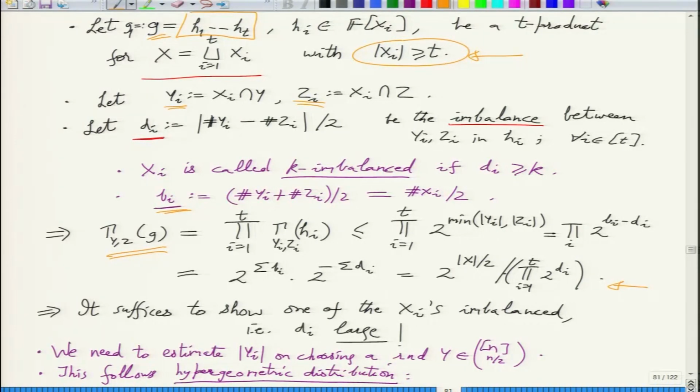So we will now show that one of the discrepancies is large, which will mean that gamma of G is small, which will mean that gamma of a multilinear depth delta circuit is small.